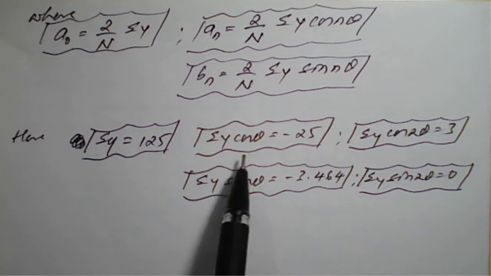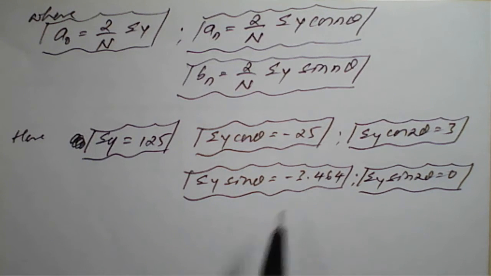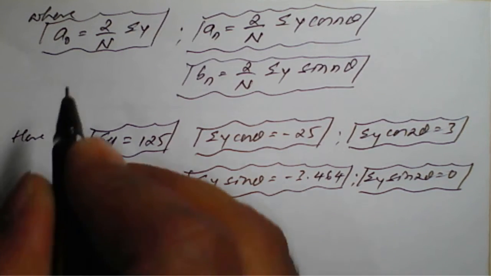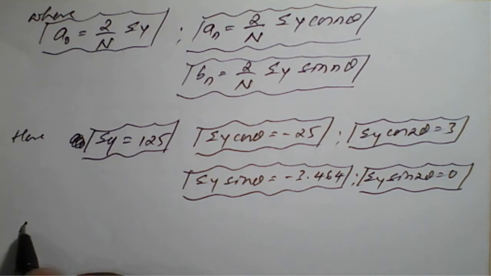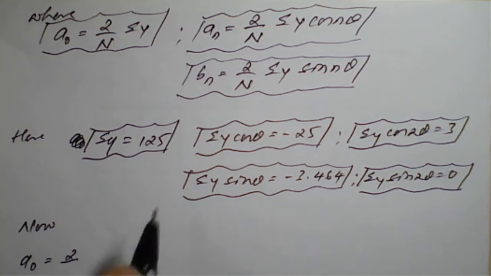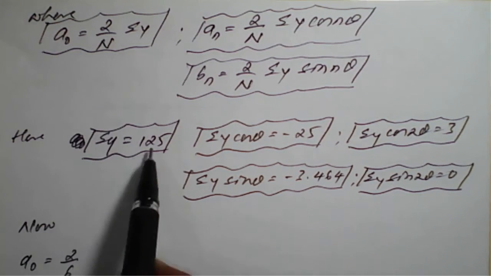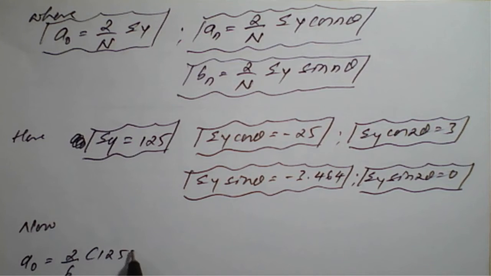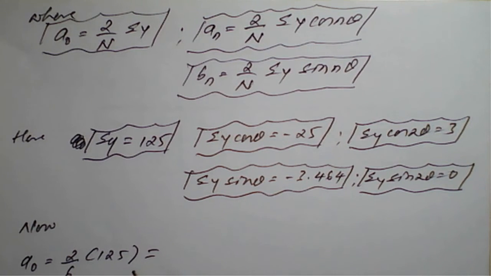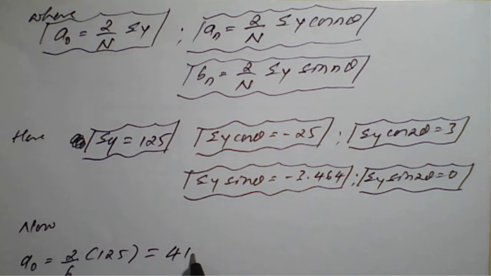These are the summations I have collected from the table. Now we'll go one by one. A0 is nothing but 2 upon n, where n is 6, times the summation of y from the table, which is 125. The result of this is 41.67.